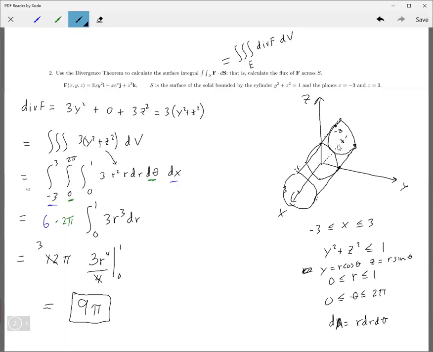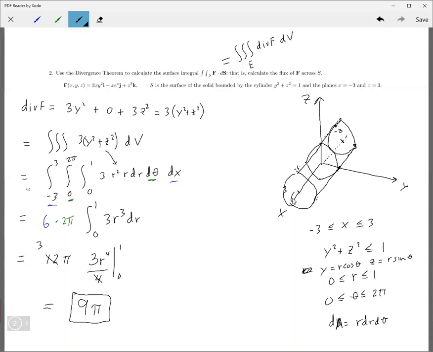And this flux represents the integral over this and the back side and everything. Okay, so there are some problems that said, okay, find the flux across, let's say, this part right here and this back side, but not this front one or something, but not this side.